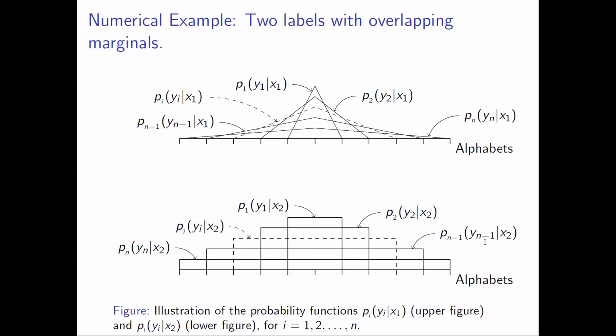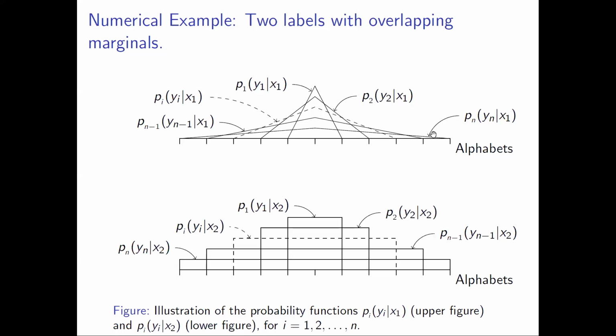Okay, so let me show a numerical example. We have two labels, x1 and x2. For x1, the features are generated from triangular distributions, where y1 is from the narrowest triangle, y2 is from a little bit wider triangle, and so on.